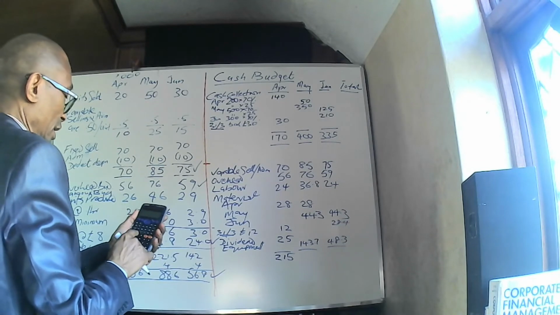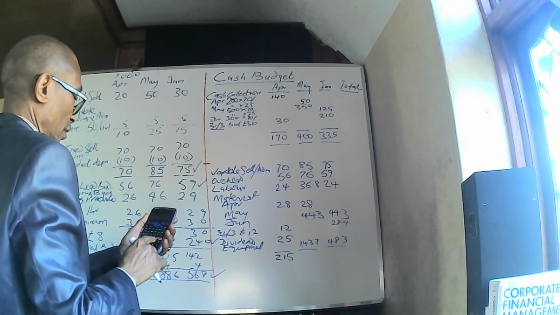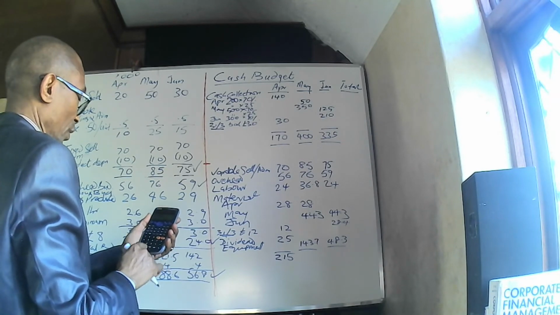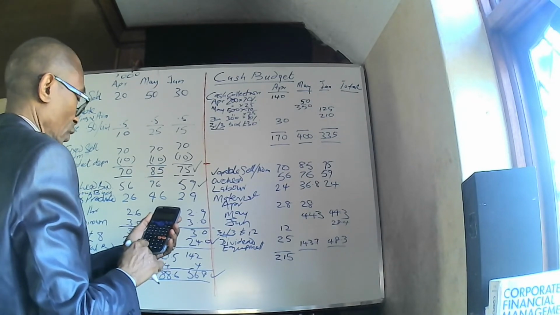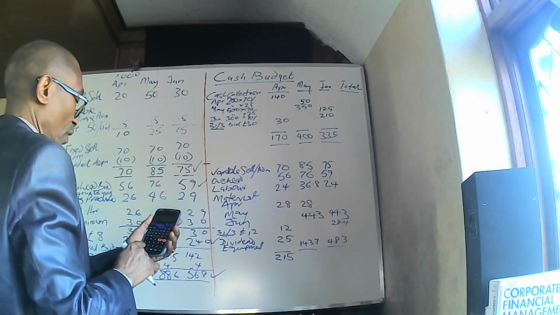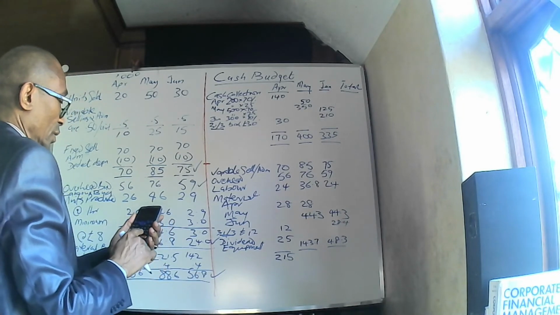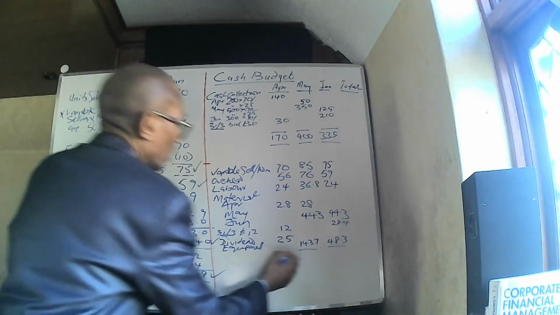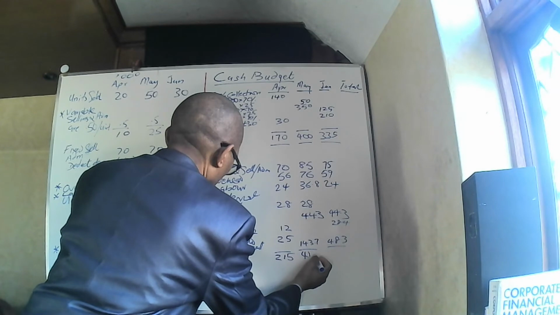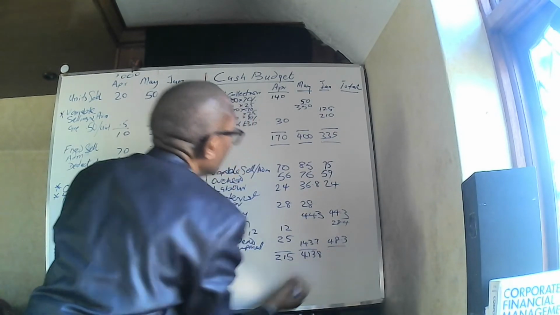Let's see May: 85 plus 76 plus 36.8 plus 28 plus 44.3 plus 143.7, which gives us 413.8 in May.